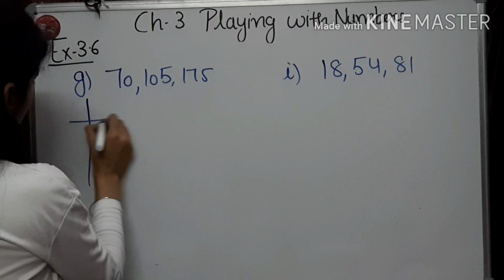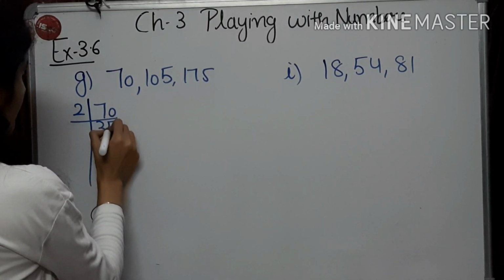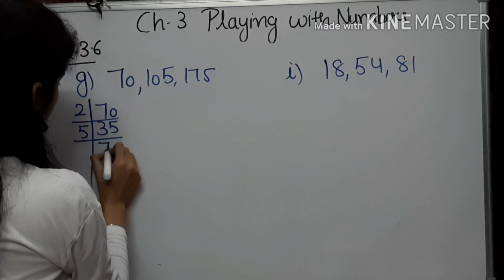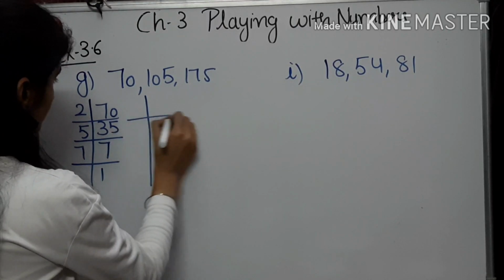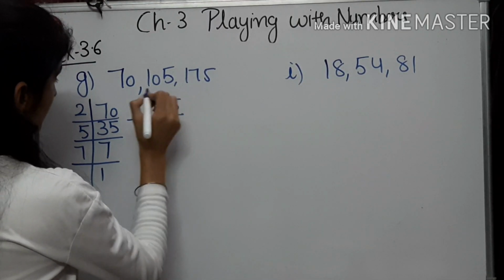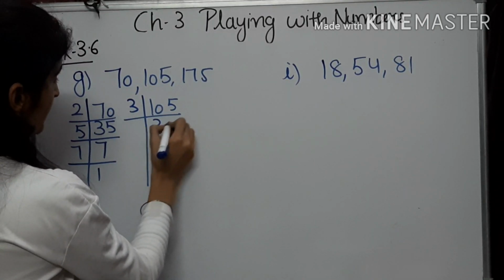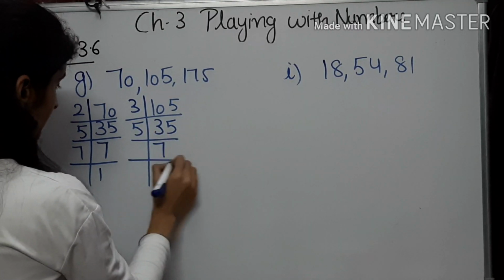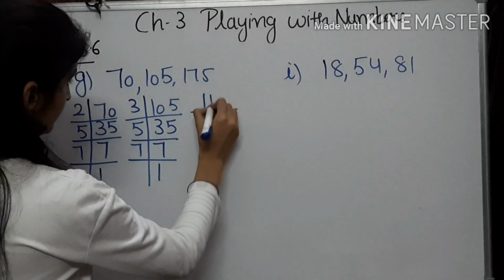So the prime factorization of 70 will be 2 35s are 70, 5 7s are 35 and 7 1s are 7. Then if I talk about 105, 3 3s are 9, 3 5s are 15. 5 7s are 35, 7 1s are 7.